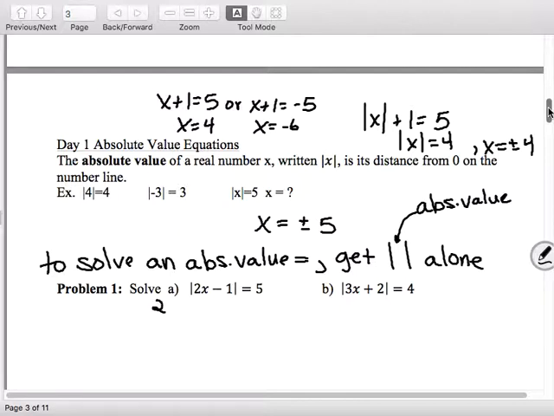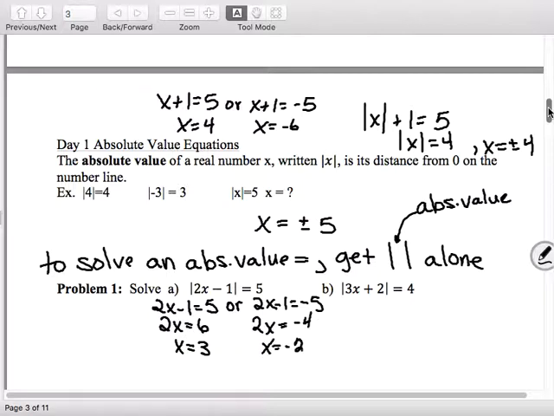Once you have the absolute value alone, you can set it equal to the positive or the opposite of the number on the right. So I add 1 and divide by 2. Over here, I add 1, divide by 2. What I strongly recommend you do is check your work.